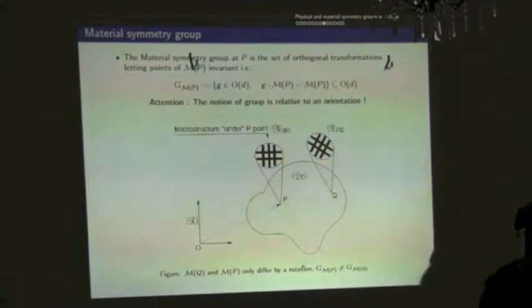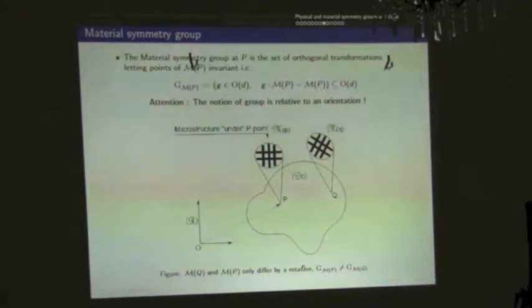For some, we will say, okay, if I rotate, it's the same, so the structure is the same. But some others who will accept another definition will say, okay, I take the structure and I translate it to put it on Q. The two structures don't superpose, so it's not the same. So you should always define what the same means for you.